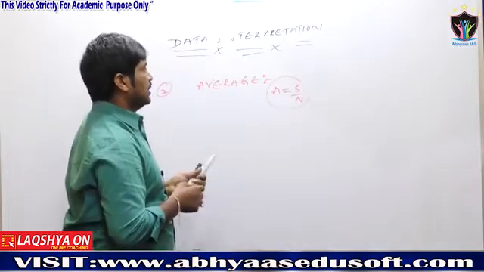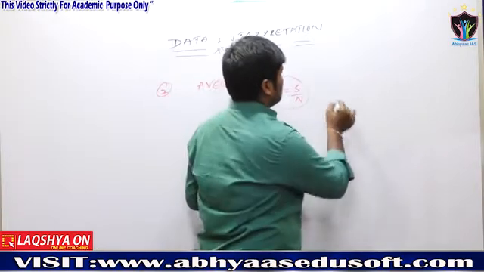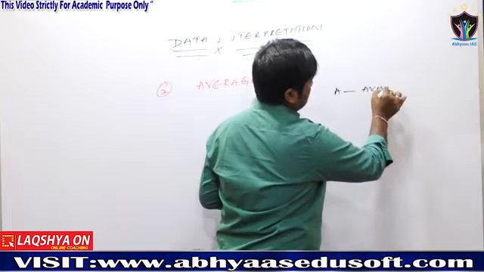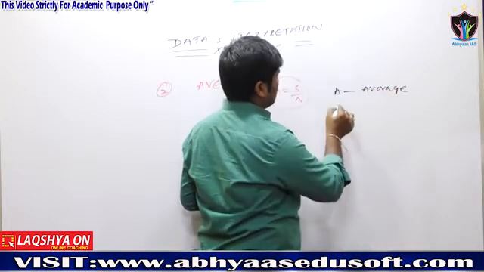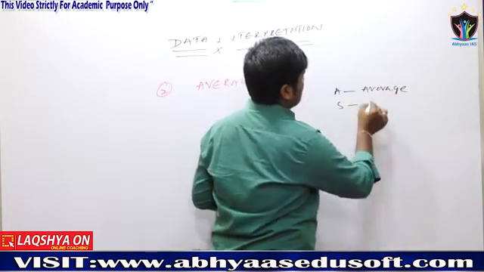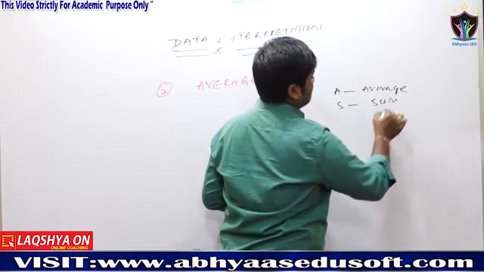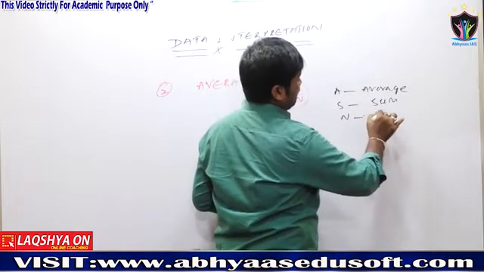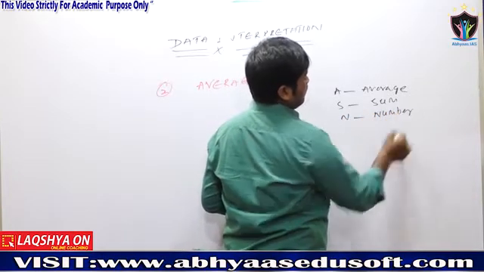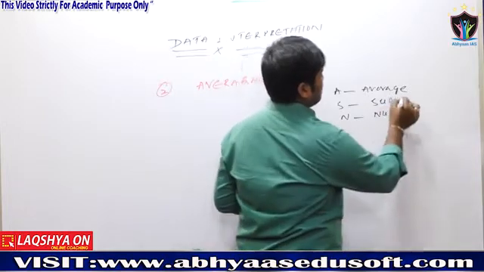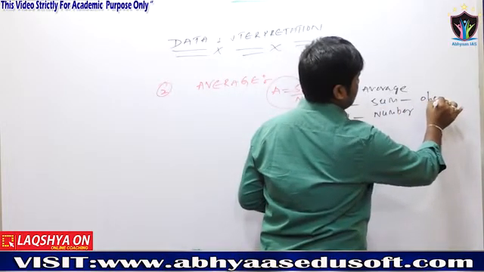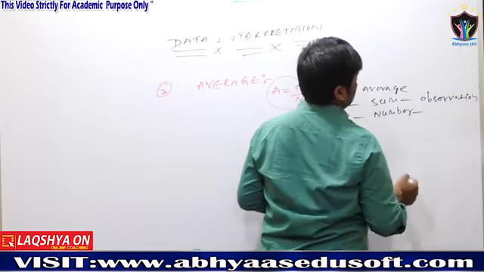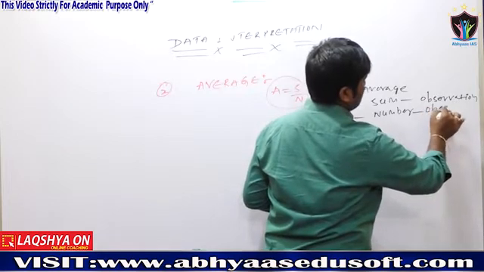A for average, S for sum of the observations, N for number of the observations.